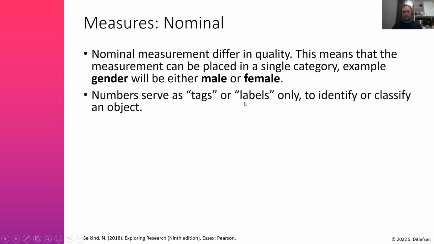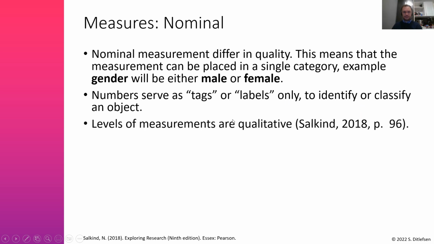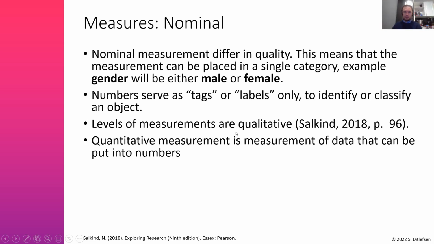Numbers serve as tags or labels only to identify or classify an object. Okay, so if we use numbers, male will be 1, female will be number 2. So the numbers are tags. So the tags are male or female. Levels of measurement are qualitative. Quantitative, the opposite of qualitative, is measurement of data that can be put into numbers.